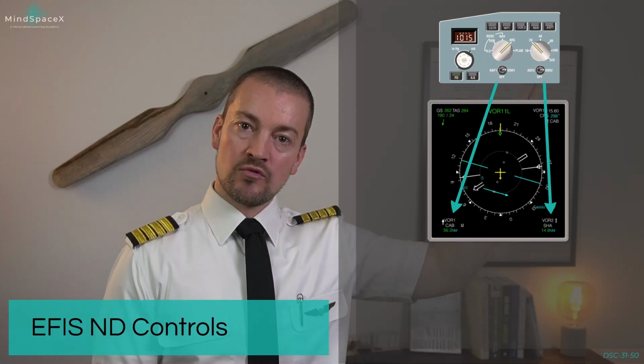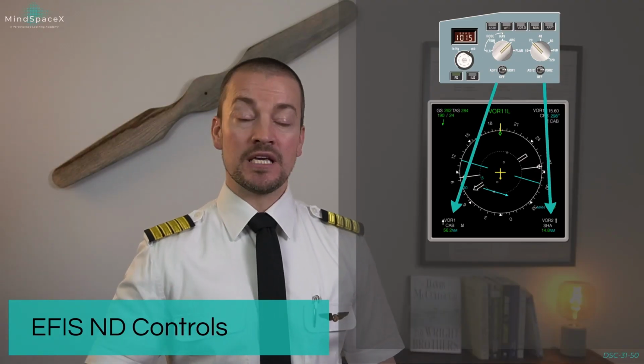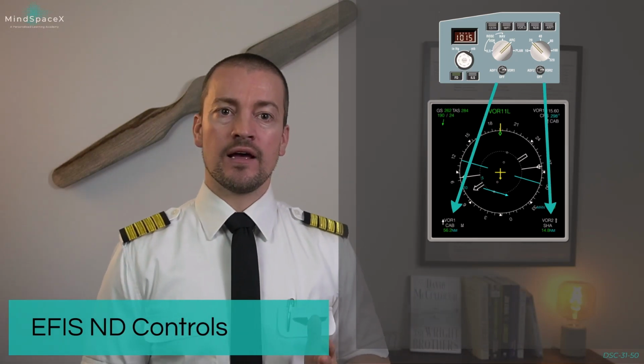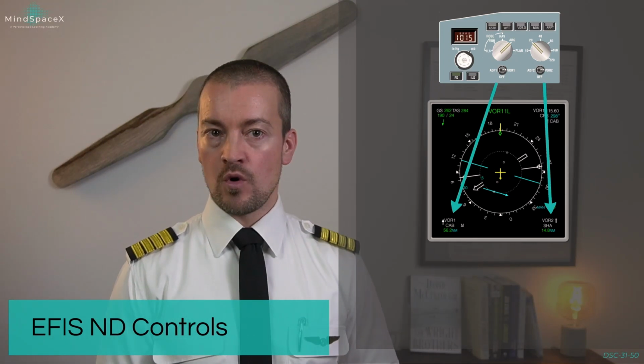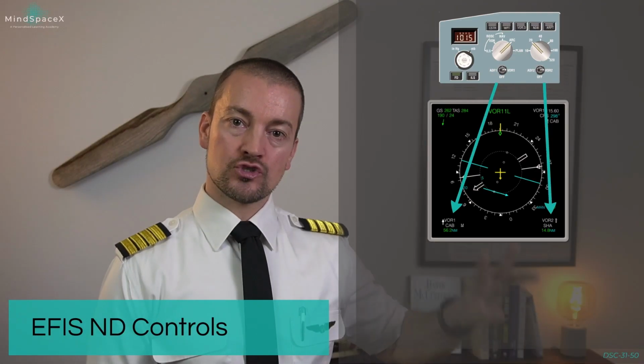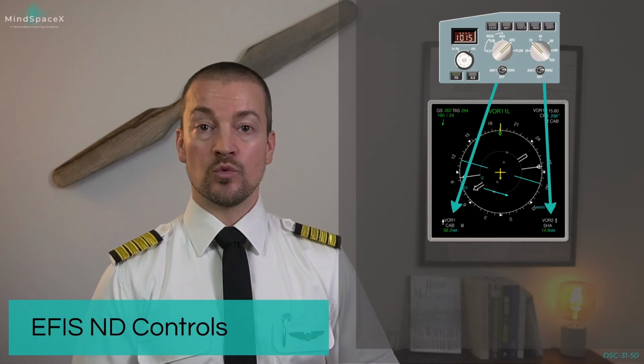Putting either one of them to the right side will show NDB number 1 or NDB number 2. When we're flying non-precision approaches, VOR or NDB, it's important that we have the Navaids tuned selected to be able to show us the information we need.